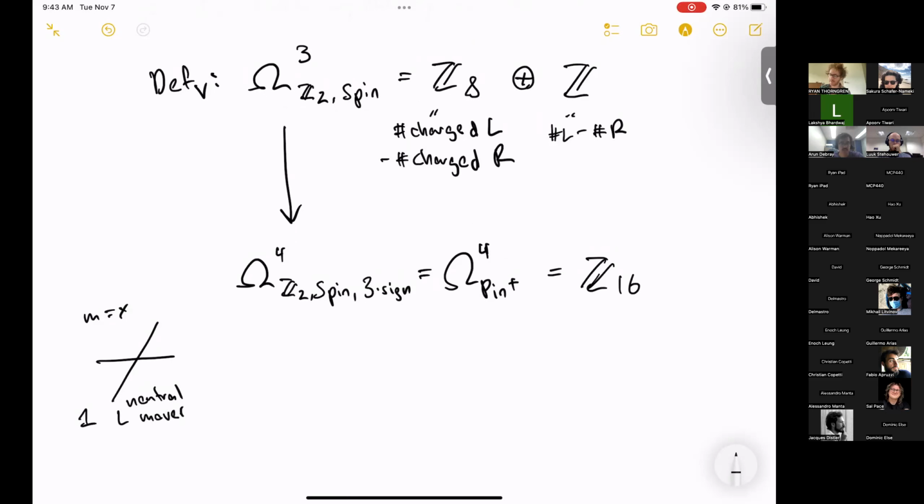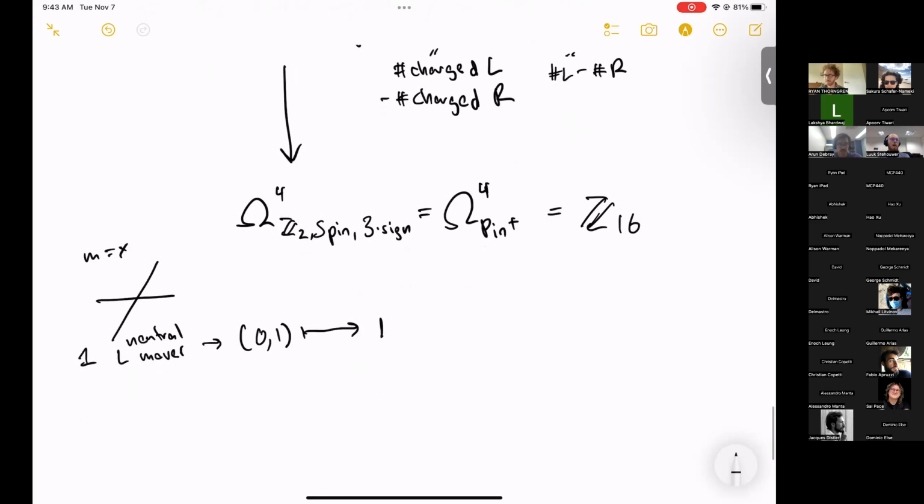That corresponds to (0, 1) in this first group, and it corresponds to 1 in the Z mod 16. So evidently this map is taking (0, 1) to 1.